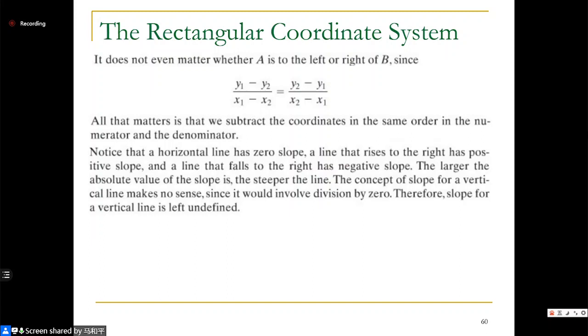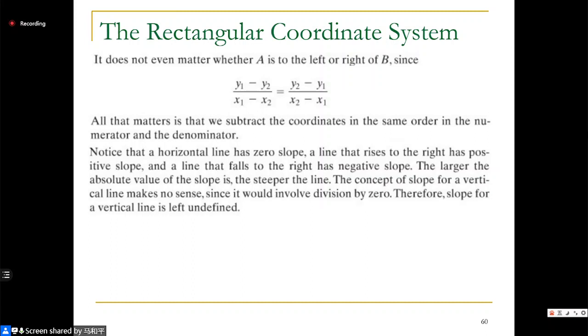Okay, first we review the important part we learned last time. We learned the slope of a straight line. For example, this is the straight line through point P and Q. P has coordinates x1, y1, and Q has coordinates x2, y2.